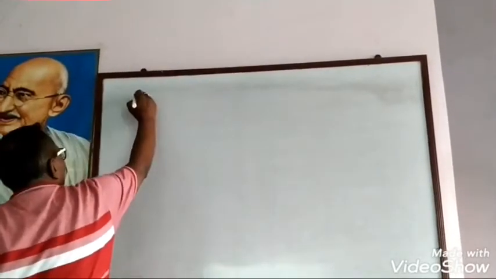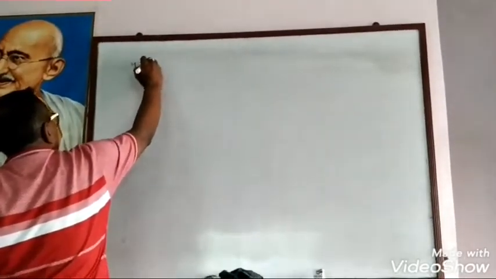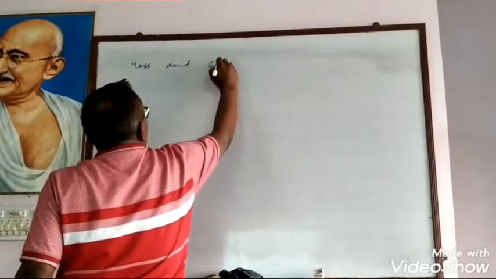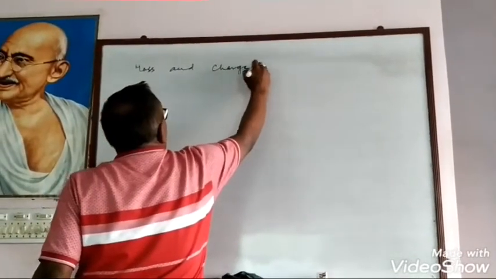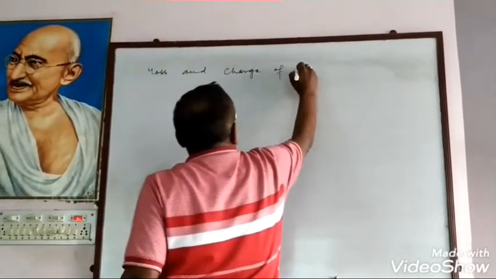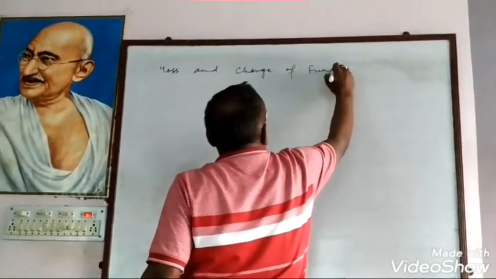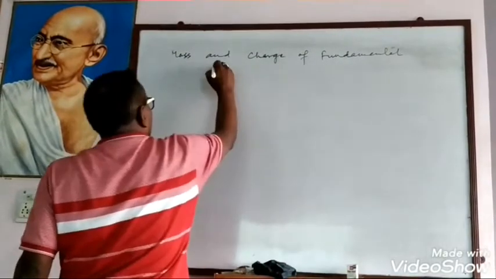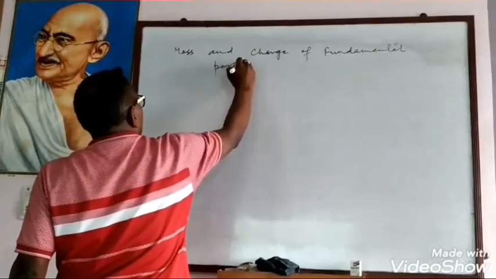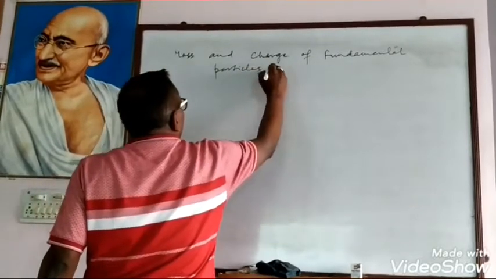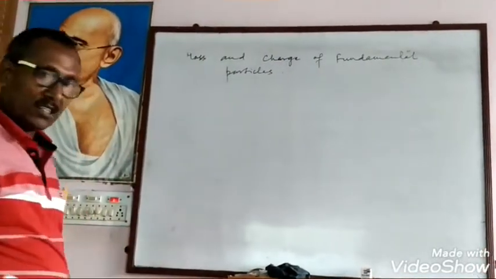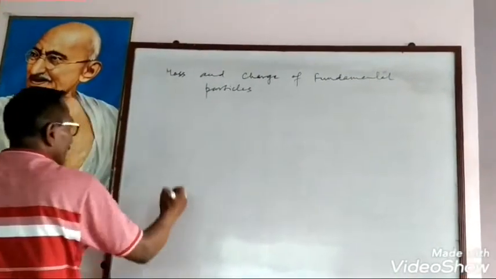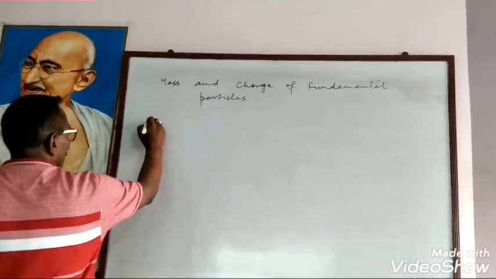So here we have to write mass and charge of fundamental particles. And for this we have to draw a chart by making some columns.